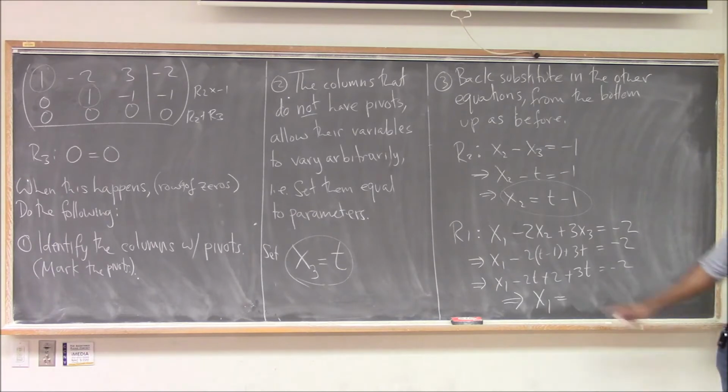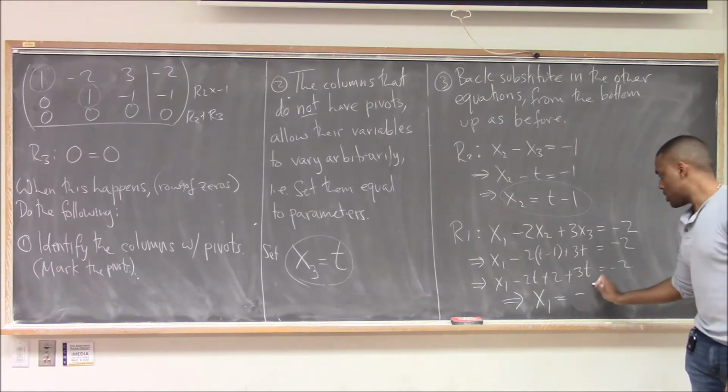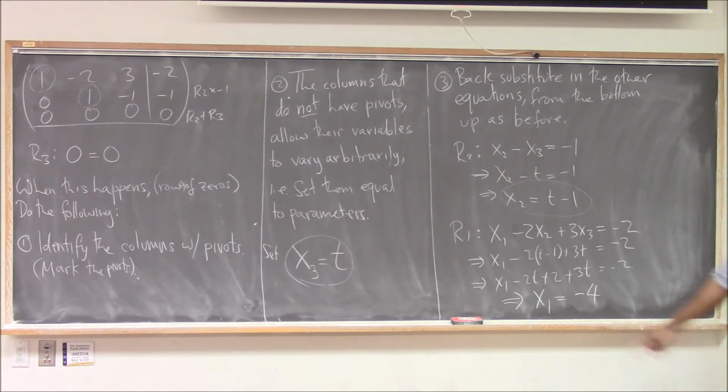So this is going to be minus 4. Here I would get plus t, and I bring it to the other side, so it ends up being minus t.